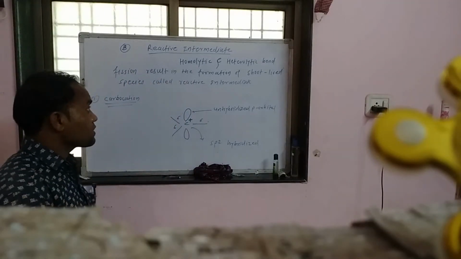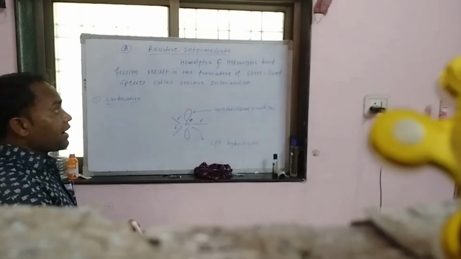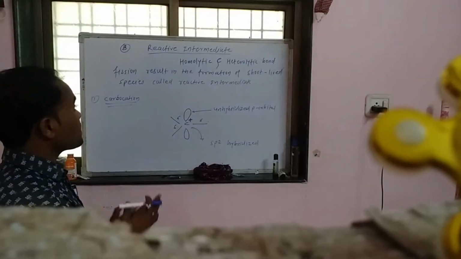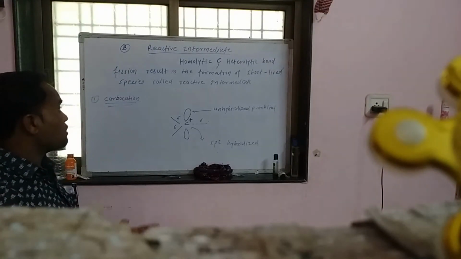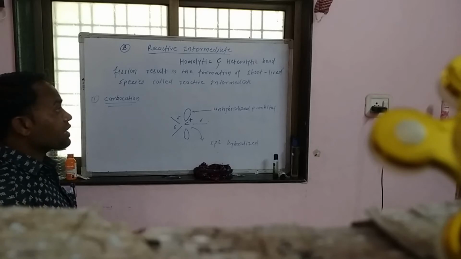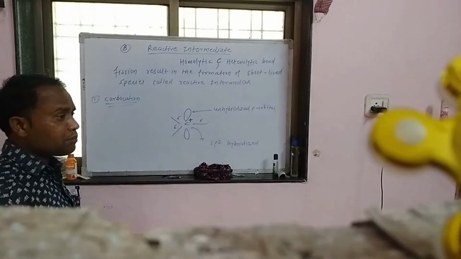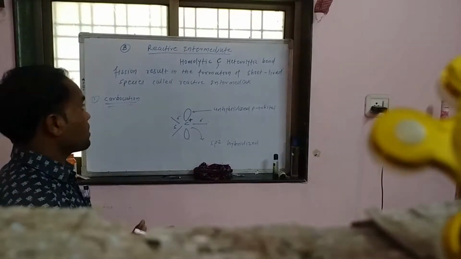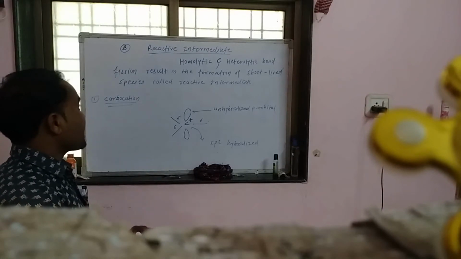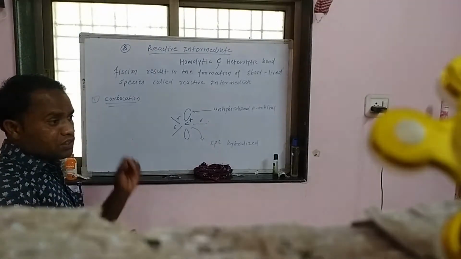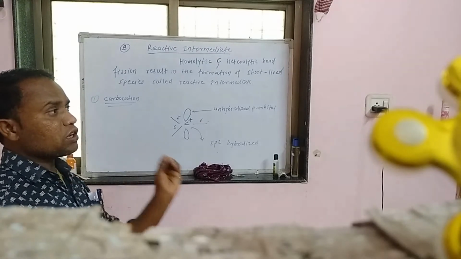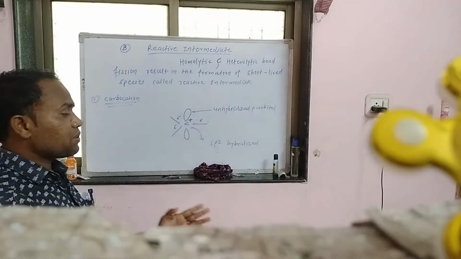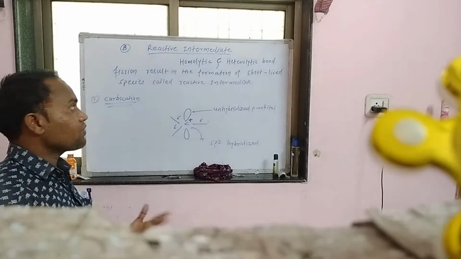Homolytic and heterolytic bond fission result in the formation of short-lived species called reactive intermediates. Reactive intermediates are very important in organic reactions because they are short-lived species, for example carbocations, carbanions, and free radicals.